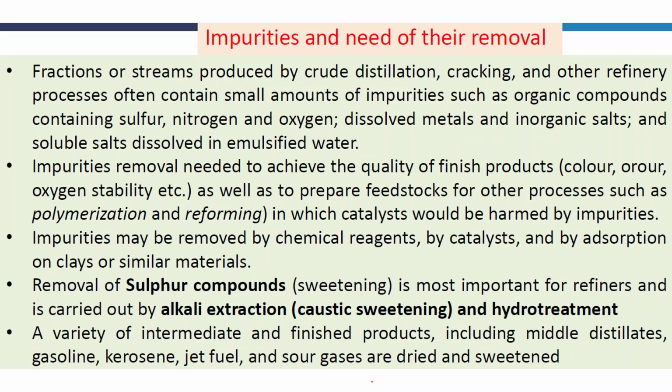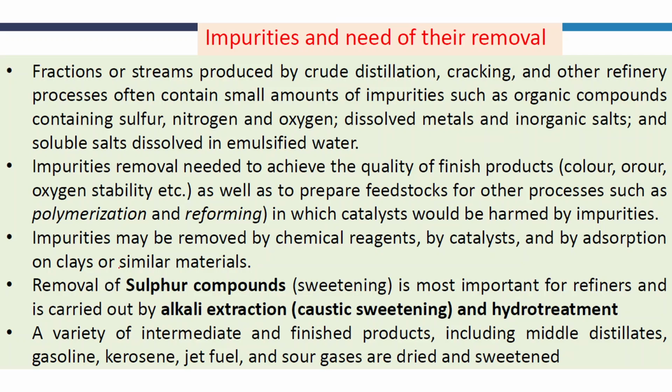So, basically, the most common impurities that are present in crude oil are sulfur, then nitrogen, then some salts, and then metals. Firstly, we will be talking about the removal of sulfur content from our crude oil. As we studied earlier also, sulfur is present in both organic and inorganic form.